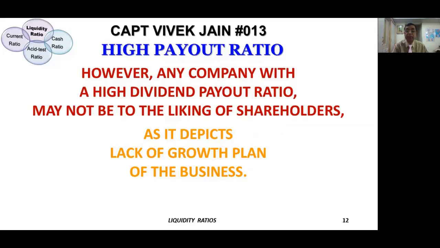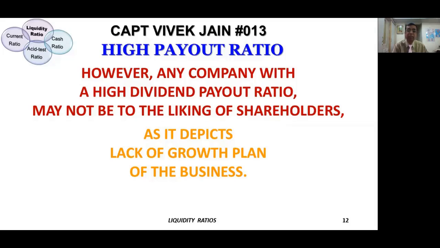High payout ratio. Any company with a high dividend payout ratio may not be to the liking of shareholders. Why? Because it may depict lack of growth plan of the business. The company probably is not thinking of any further growth, maybe.